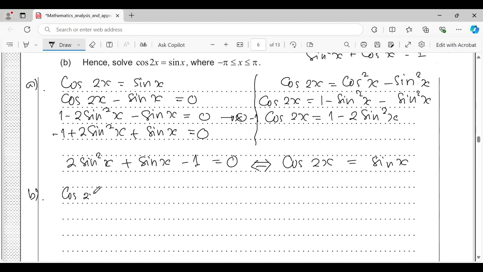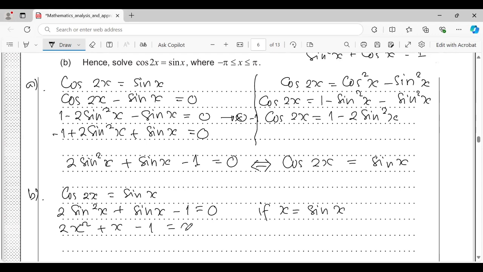So cosine 2x equals sine x is equivalent to 2 sine squared x plus sine x minus 1 equals 0. Now, let x equal sine x, and this equation becomes 2x squared plus x minus 1 equals 0.